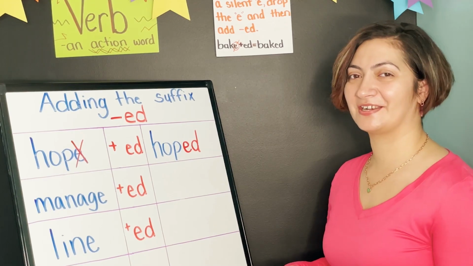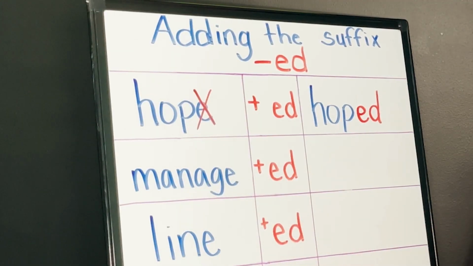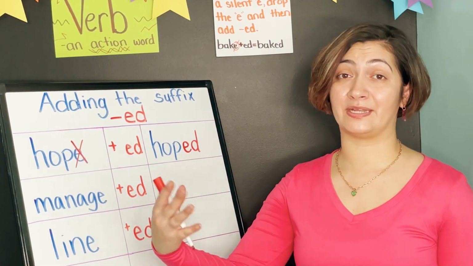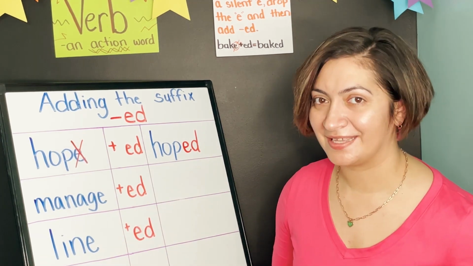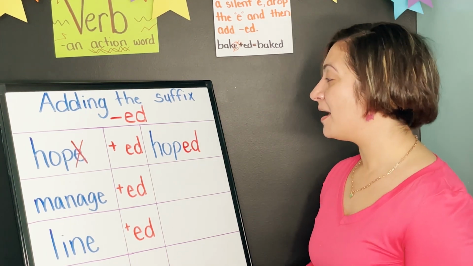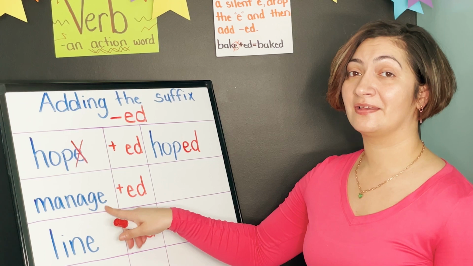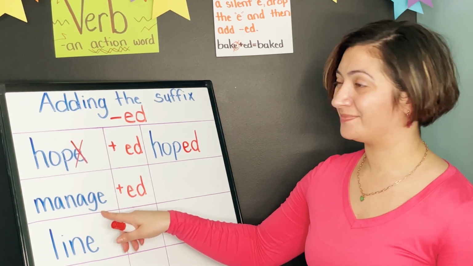All right, let's look at our next word. The next word is manage. I managed to keep all of my things organized. That's not true. So if I want to say that I already did it, I would say I managed to keep all my things organized. Nice job. Manage ends with a silent E. So what do we do with it? Yep, you just get rid of it.